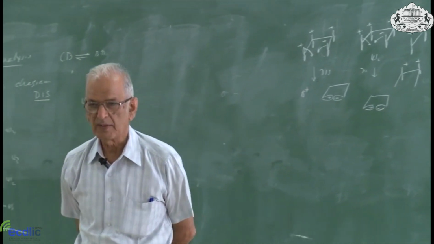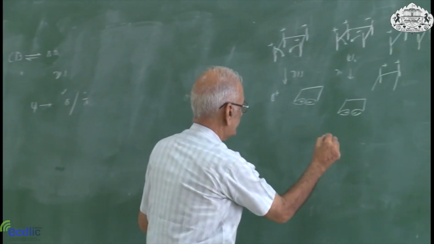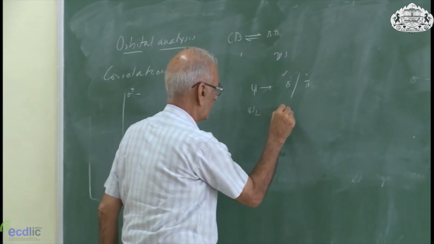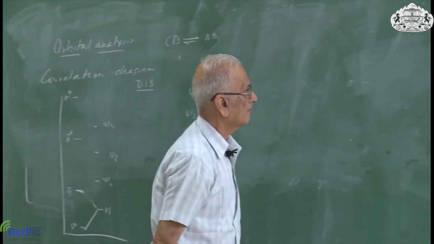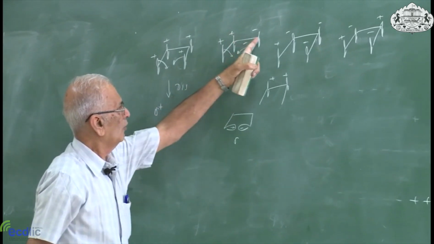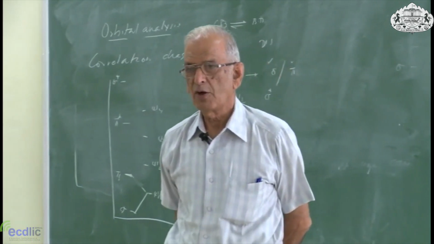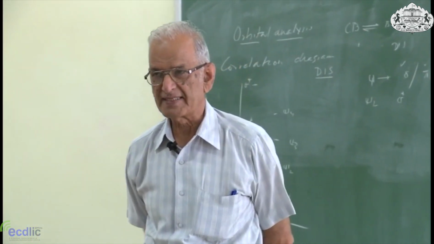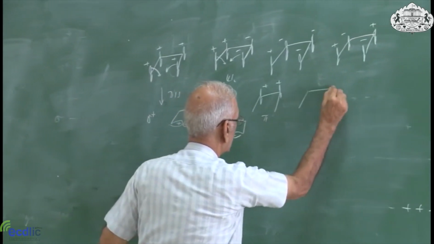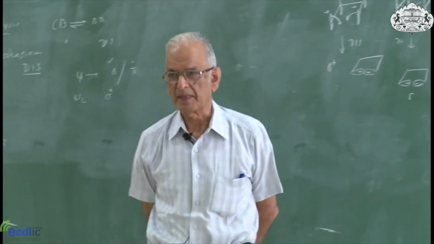So, it will correlate with sigma star. So, psi 2 will correlate with sigma star. When I look at the middle orbitals, they have opposite signs, and that is going to be, this is your pi, this is your pi star.